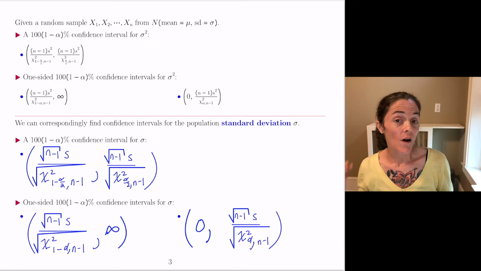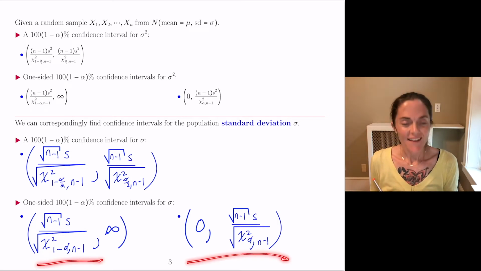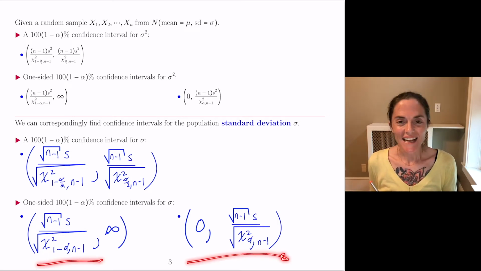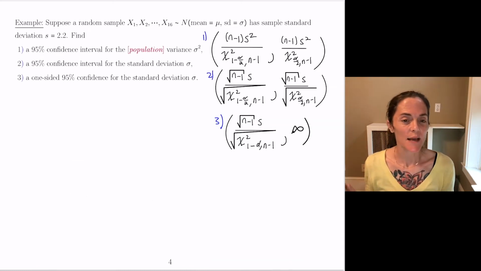Wonderful. And I have also filled in the one-sided 100 times 1 minus alpha % confidence intervals for the population standard deviation.